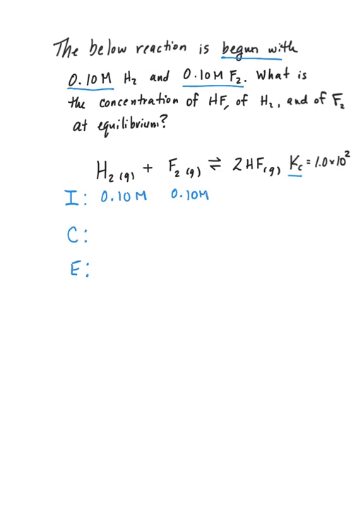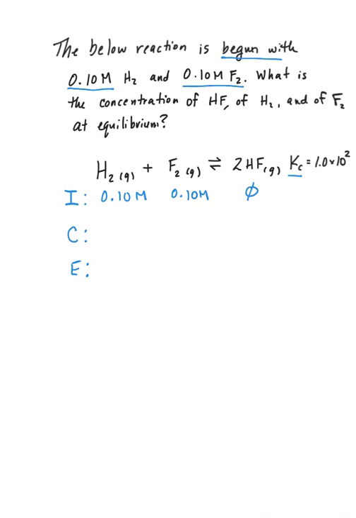If our reaction is beginning with these quantities, then the implication is that we have not produced any product yet. So initially, at the start of this reaction, because we didn't introduce HF explicitly, we have 0 of it before a reaction begins.